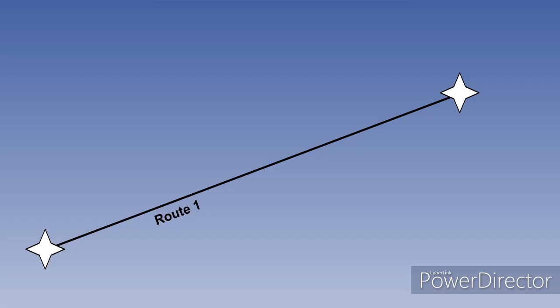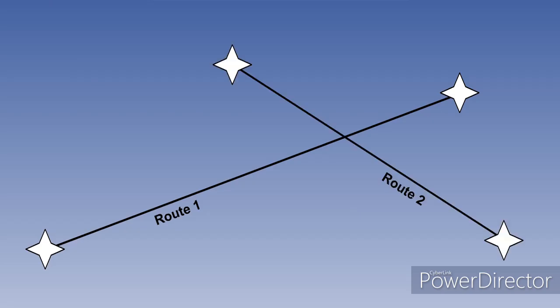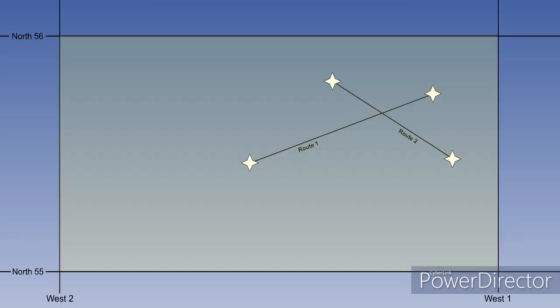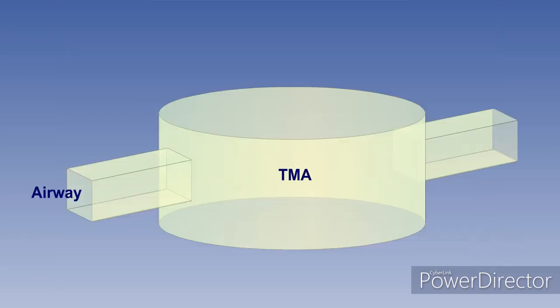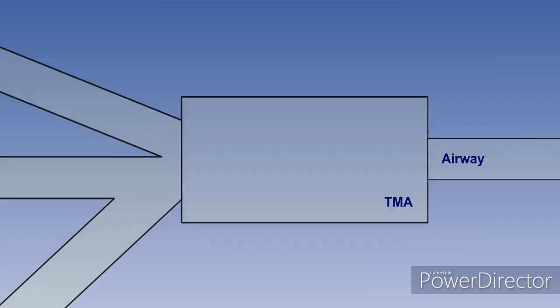RNP can be specified for a route, a number of routes, an area, a volume of airspace, or an airspace of defined dimensions.